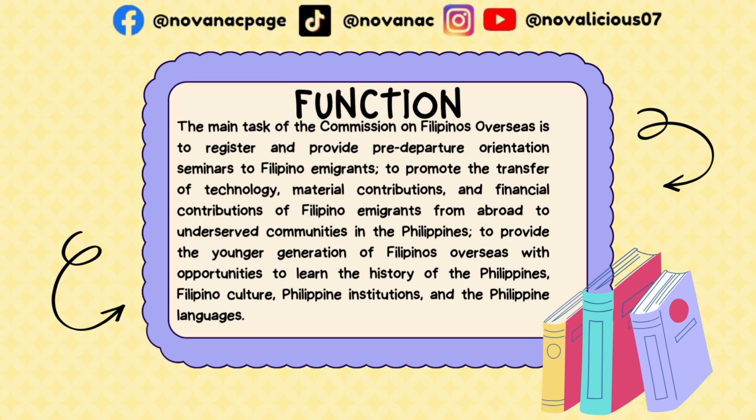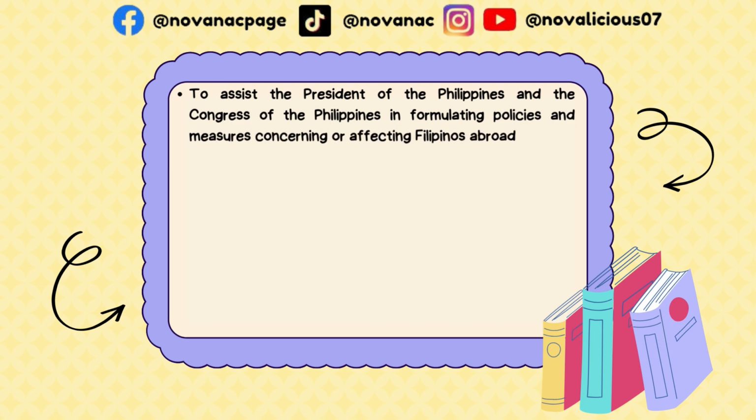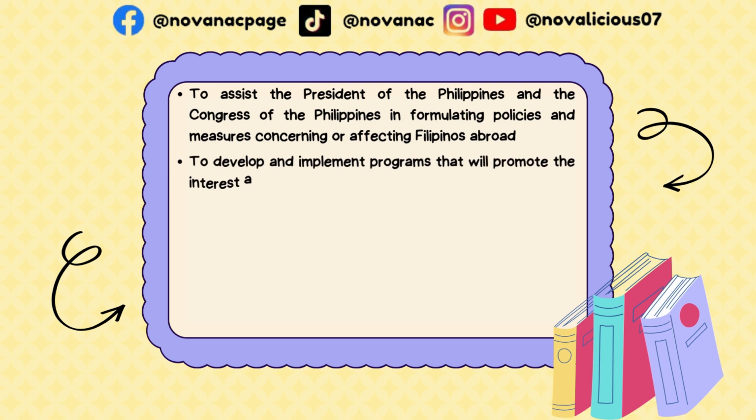The main duties or functions of the Commission on Filipinos Overseas are the following. First is to assist the President of the Philippines and the Congress of the Philippines in formulating policies and measures concerning or affecting Filipinos abroad. Second, to develop and implement programs that will promote the interests and well-being of Filipinos abroad.